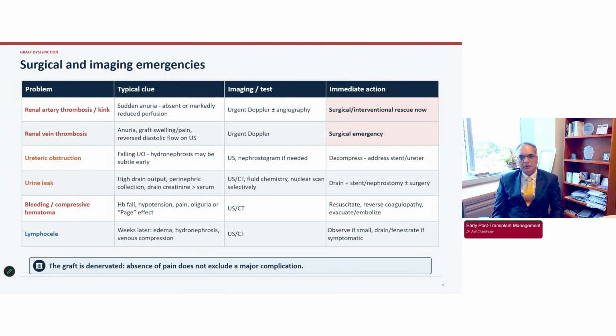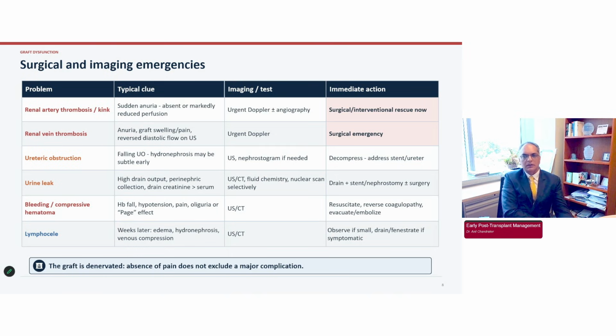Urinary leak, again, you may see increased output from the drain collection. And if you see that, then obviously you should send the collection for chemistry to see if the creatinine is elevated, as you would expect from urine, or is the same as the serum.